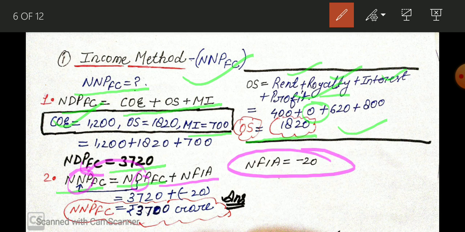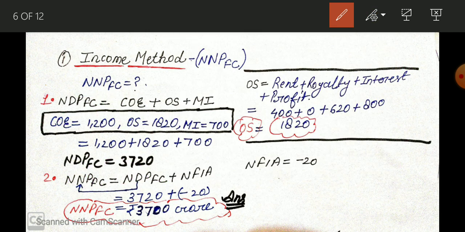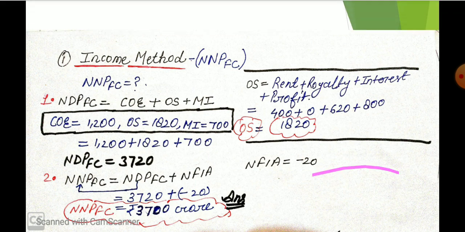The value of NDPFC is 3720. When we put the value of NFIA, we get the value of net national product at factor cost equal to 3700. So this is your income method. Okay student, try to attempt it again by yourself.